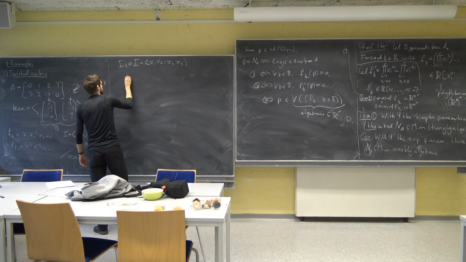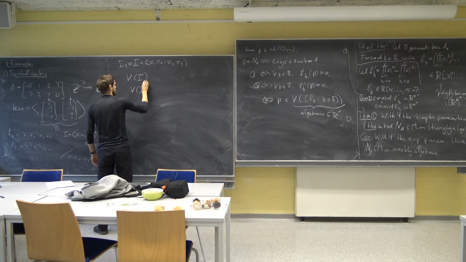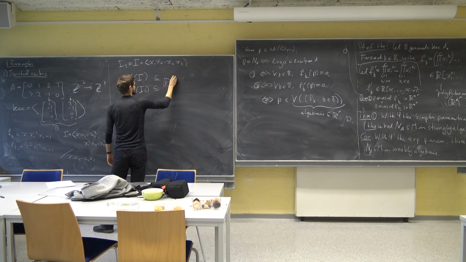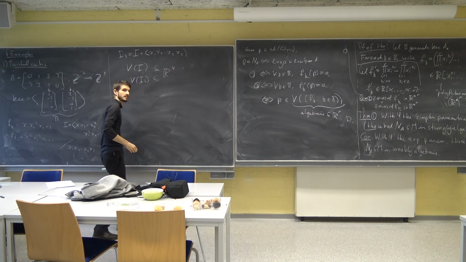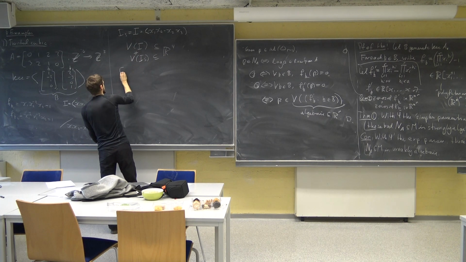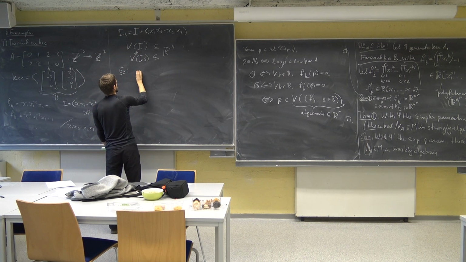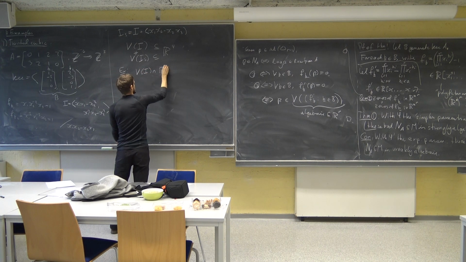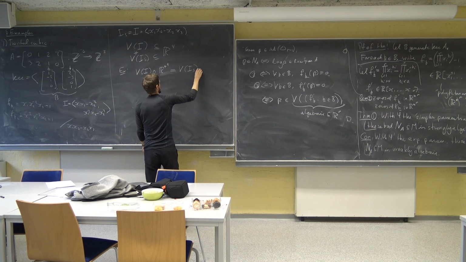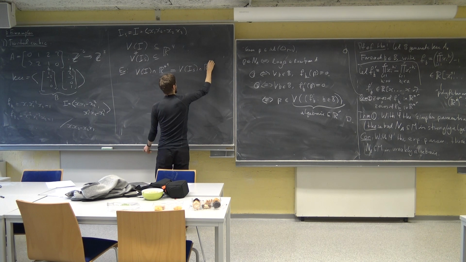Then we have V of I and V of I_S. These are both subsets of R^4. They're not equal, but the exercise for the reader is that V of I intersect (R*)^4 equals V of I_S intersect (R*)^4.